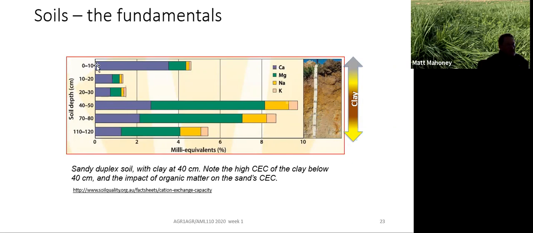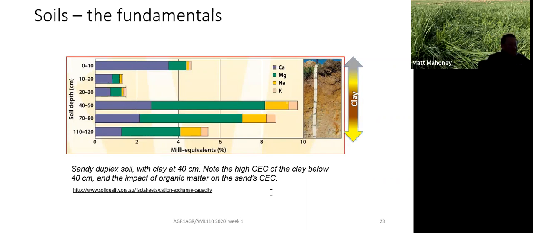This shows that the sandy topsoil has a lot of organic matter, and so you'll see the cation exchange capacity is quite high in the surface soil because of that organic matter that's in there due to the plant material. That's what's really important to conserve and hold there, because if you take that away, there's not a lot there. Then as the organic matter drops off, the cation exchange capacity drops. And then as the clay content increases with depth, we get the cation exchange capacity increasing again.